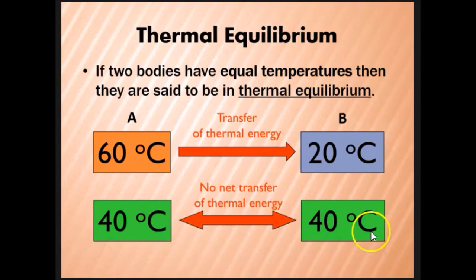So when both A and B have reached the same temperature, we say that both A and B have reached thermal equilibrium. When this has happened, effectively, there is no more transfer of heat between A and B. We say that there is then no net transfer of thermal energy between A and B.